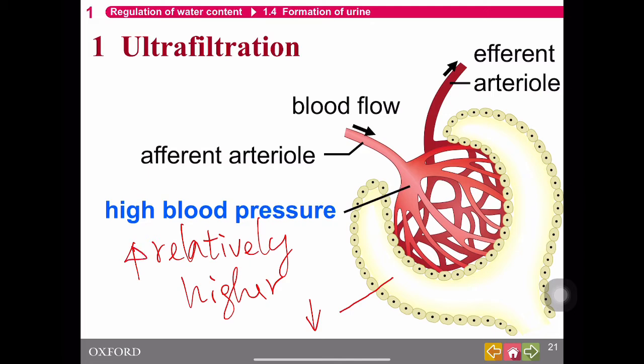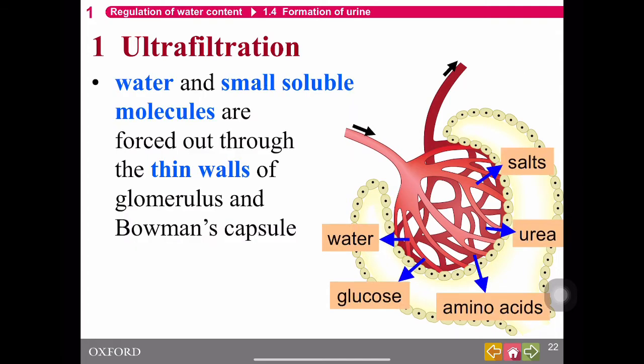The blood pressure is higher. So due to this hydrostatic pressure difference, higher in the capillary, lower in the Bowman's capsule, this pressure difference will force small molecules to pass from the glomerulus to the Bowman's capsule.